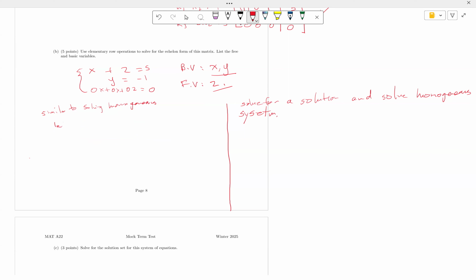So let x, y, z be a generic solution vector. Let z equal t, an element of, and here, what's our field?